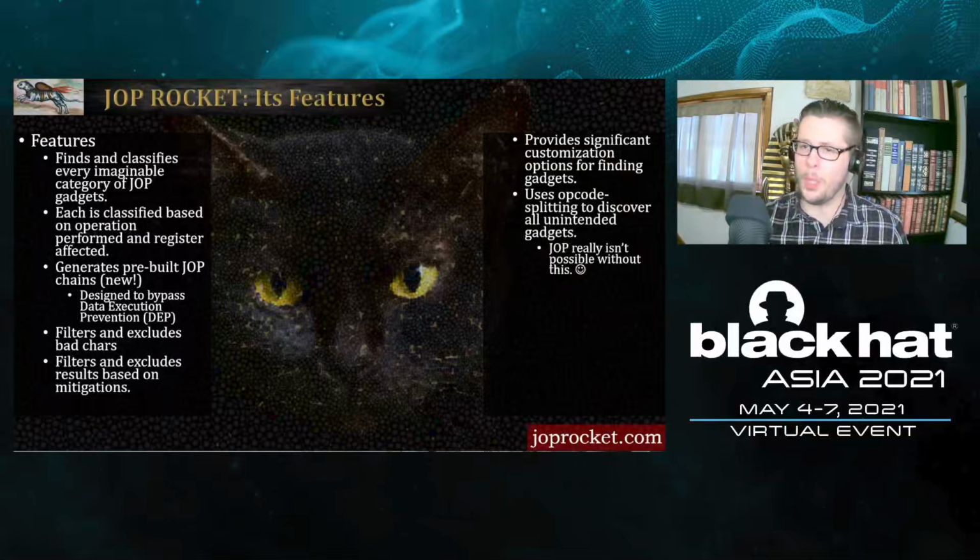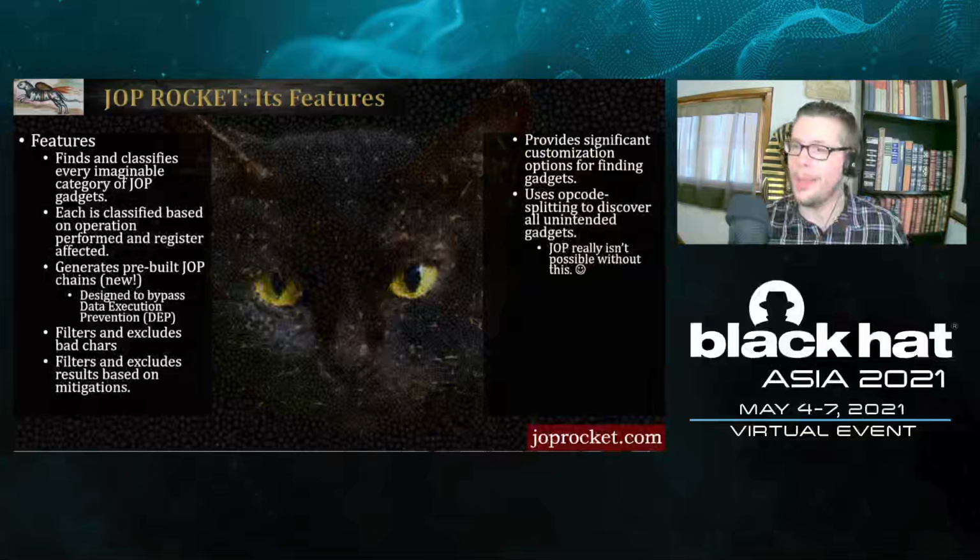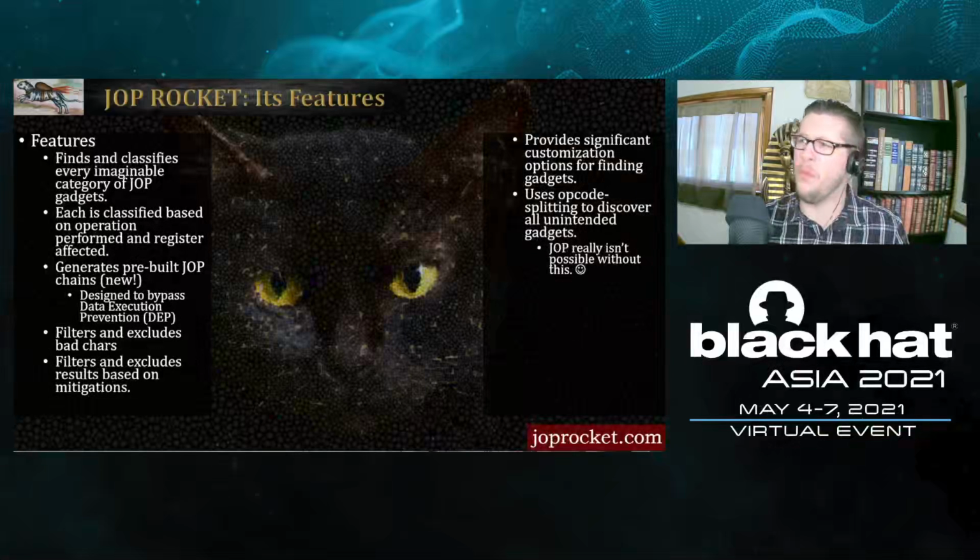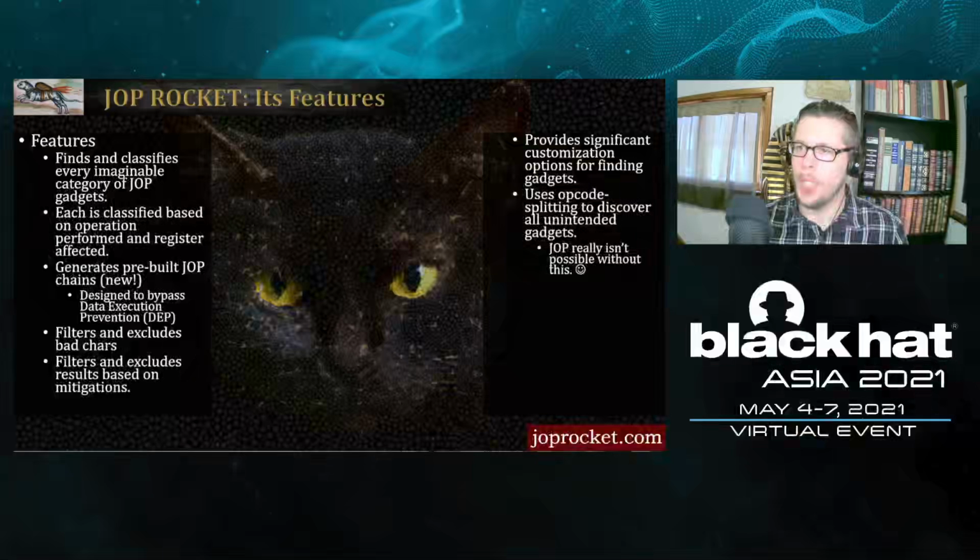Now, we've mentioned the pre-built JOP chains. We'll get to that later. Other new features include the ability to filter and exclude on bad characters. We don't like those, or on mitigations that we just don't care for. Now, JOP Rocket does provide significant customization when you're trying to initially form and find these gadgets.